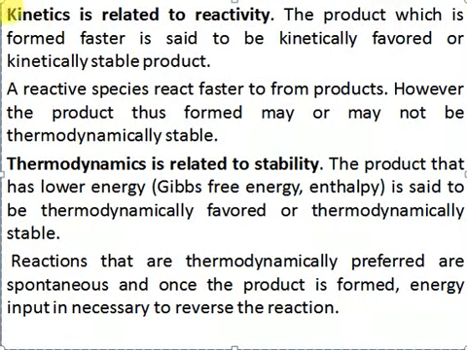So kinetics deals with reactivity. A thing which is more reactive will be formed at a faster rate, and a thing that is formed at a faster rate is a kinetically stable product, or is kinetically favored. While thermodynamics has to deal with stability. So if a product has a lower energy, we say it is thermodynamically favored and is thermodynamically stable.